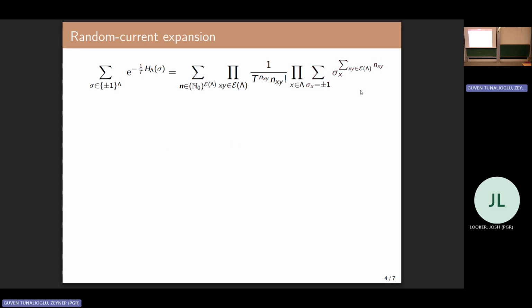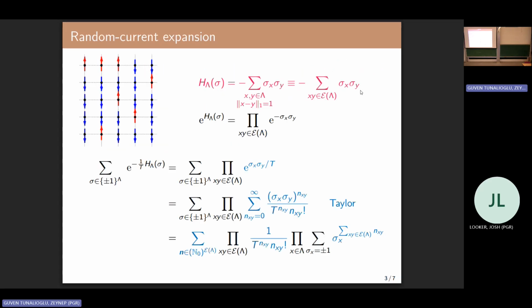Sorry, something I didn't point out quite well enough. When we go from this step to this step, we collect all sigma x's, since this sigma x is raised to n_xy for all neighbors y.